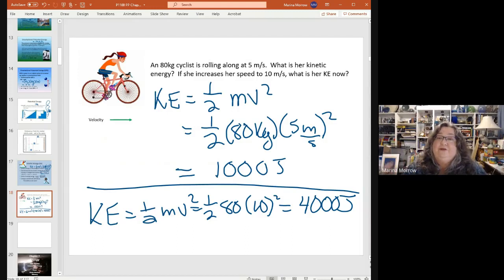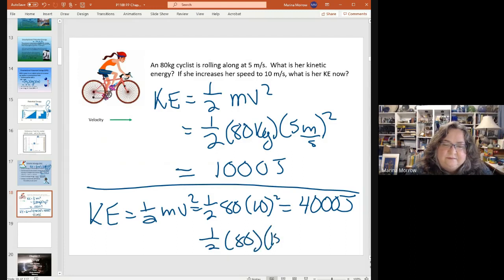What would happen if we tripled her velocity? What if she was able to go to 15 meters per second? That'd be about 30 miles per hour, so you'd have to be pretty good. Well, then that would actually make 9 times as much energy as she had before.